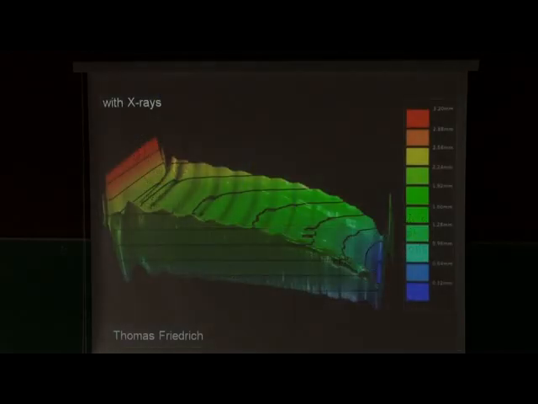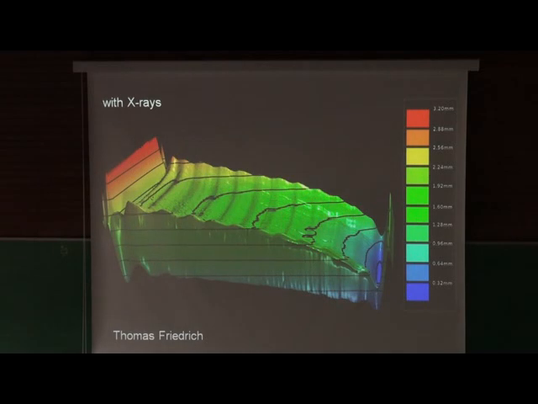And here you see a time-averaged X-ray picture. So this is about 1,000 pictures of X-rays. We have to do as many as this because these iron rods are in the way. I mean, they are absorbing the X-rays. So you have to average a lot in order to get rid of these iron rods.